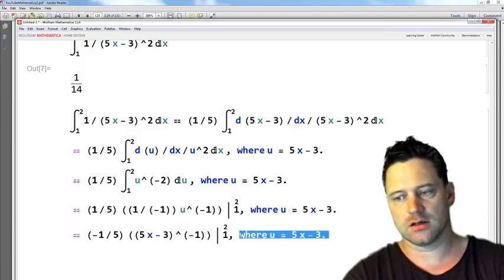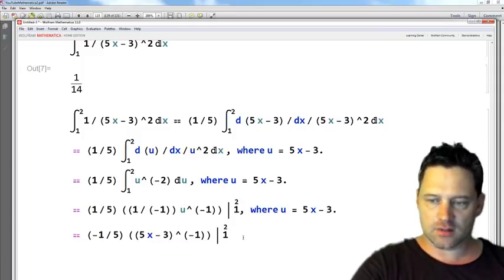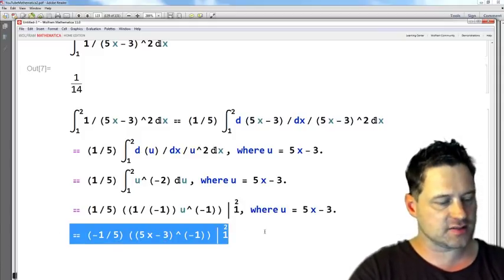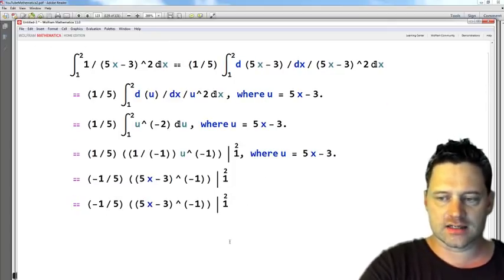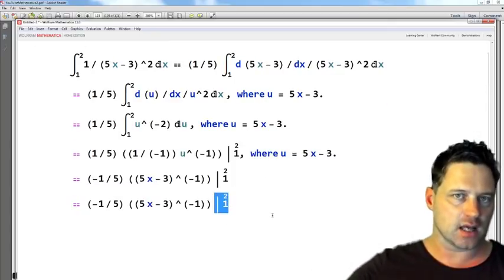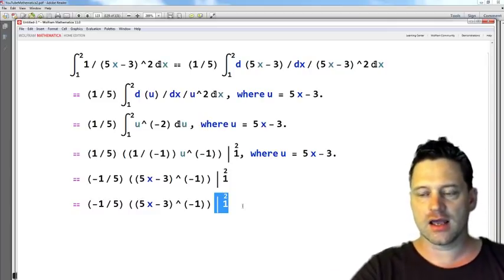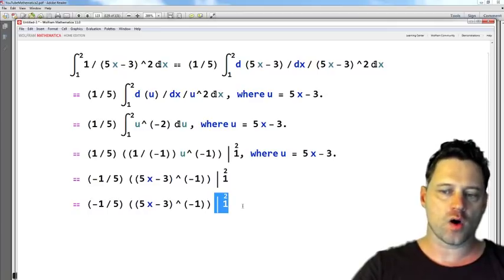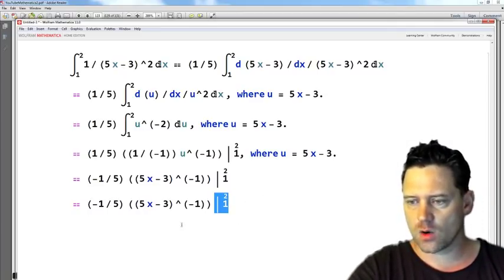Now we can remove that. Now that we've got that, let's copy this and come down to a new line. Now what does this mean? This means that we substitute in 2 into this function right here, and we subtract what would happen if we substituted in 1.